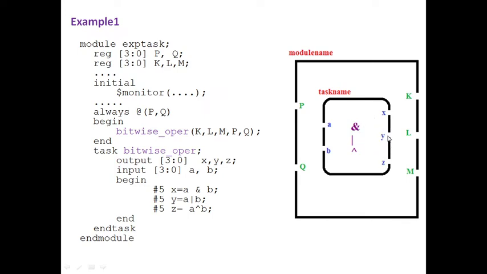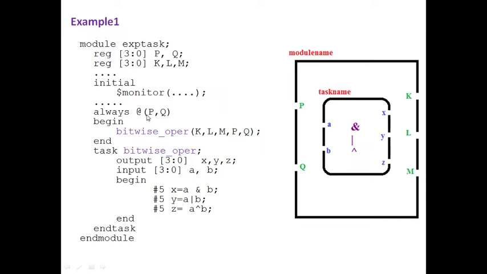We get the output arguments, and these output arguments are again passed back to the variables in the task invocation statement. So here I have the module exp task, and this module has input ports as well as output ports. P, Q are the input ports, K, L, M are the output ports. Each and every port is 4 bits in width.